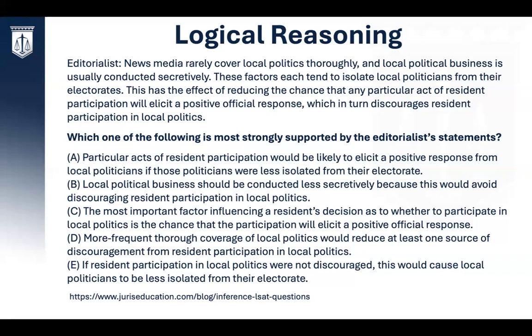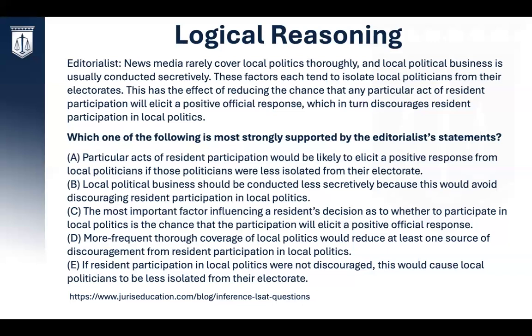Okay, that is not my favorite answer that the LSAT explainers ever gave, so I'm going to put it in more layman's terms. The author here, the editorialist, is saying lack of news media on local politics and the secretiveness of political business.